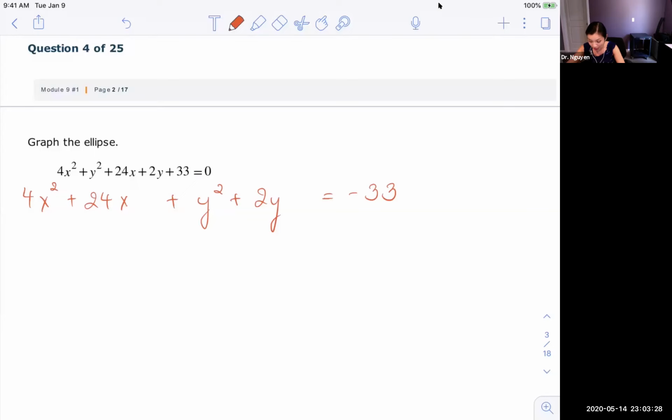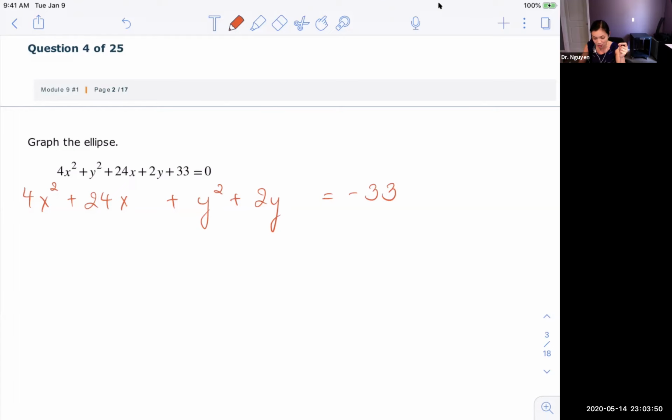All right, so now we're going to complete the square. I'm going to take 6 divided by 2 squared, so it's going to be 9, plus 9. Here's the thing. If you add 9 to the left-hand side, you're going to have to do the same thing on the right-hand side. Otherwise, you change the equation, right?